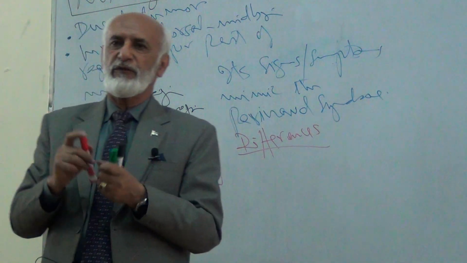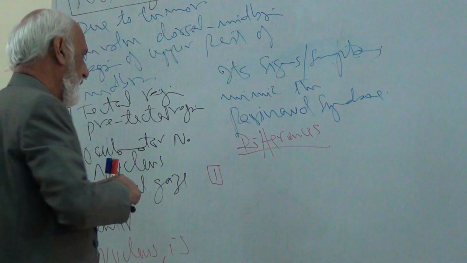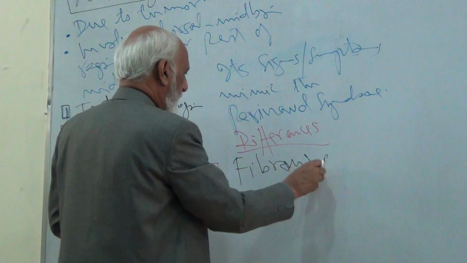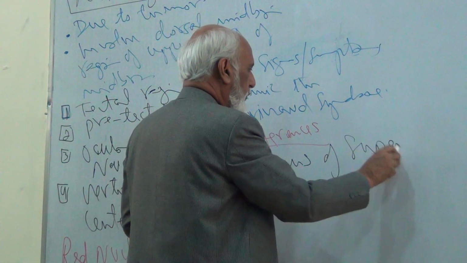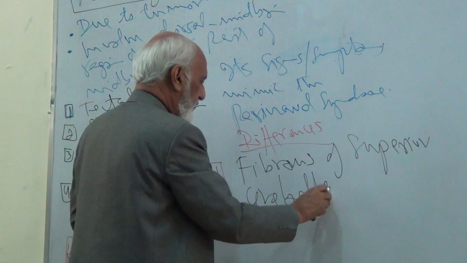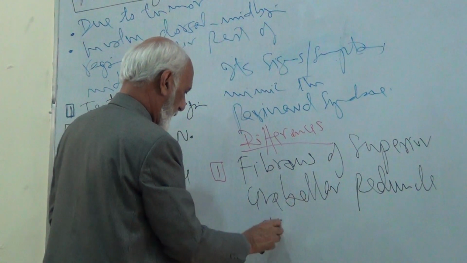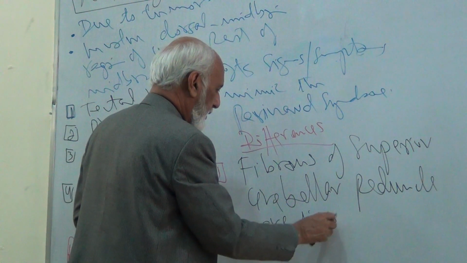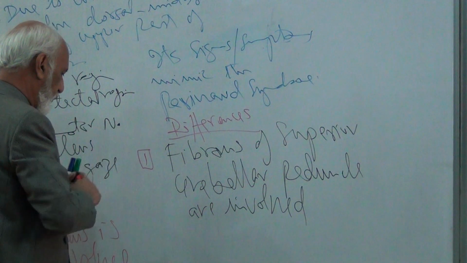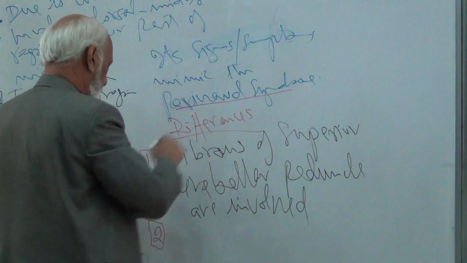What are the differences? Number 1, fibers of the superior cerebellar peduncle are involved in this syndrome. This is one difference as compared to the Parinaud syndrome.